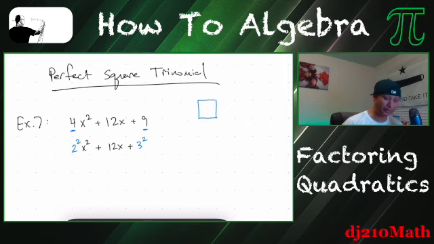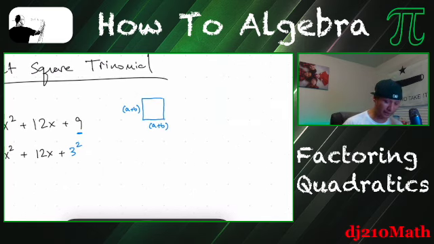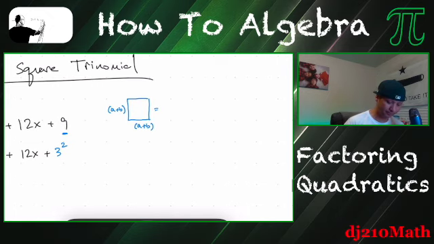But what if it wasn't a number? What if it was variables, as in this case, a plus b times a plus b? So this is really the area, a plus b times a plus b.